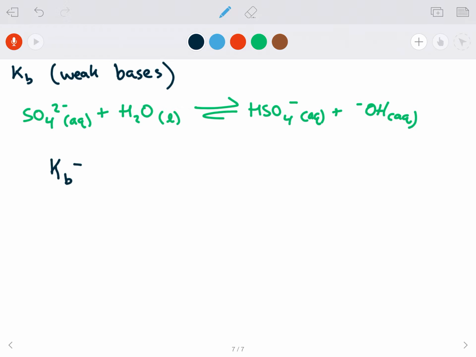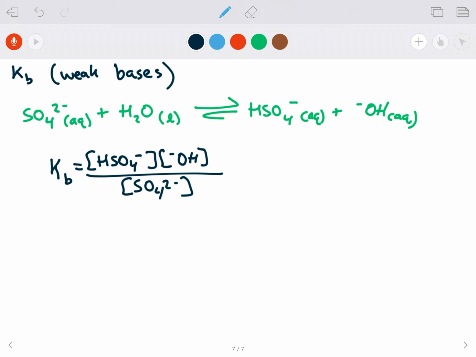Right, Kb is going to equal the concentration of HSO4 minus times OH minus all over SO4 2 minus. So same equilibrium structure that we had for Ka, it's just this time it's a base that's reacting, not an acid. So we have Kb instead of Ka.